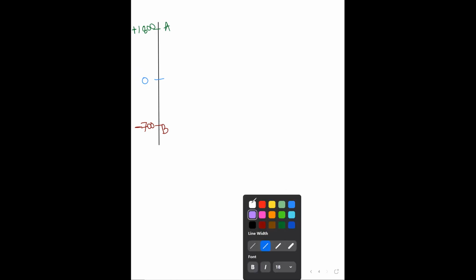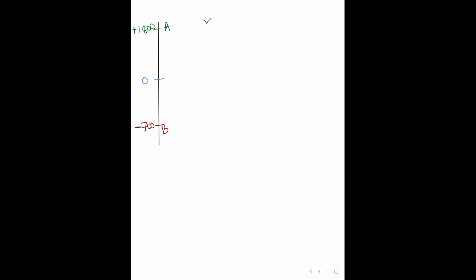First of all, tell me what is the distance between the place that is above sea level, the 1800 thing, right? Let's call it A. Okay, let's call this A, and let's call this B, and let's call the sea level as O. What is the distance between A and O? 1,800.